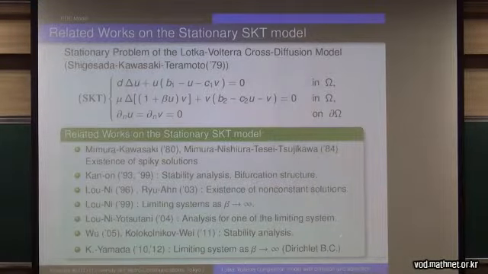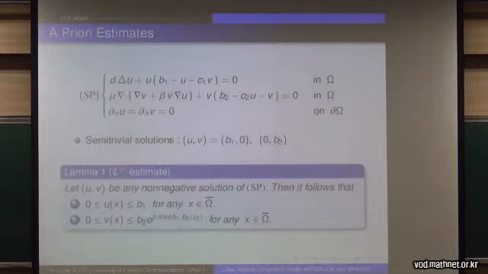Such are many results compared with results on such SKT models. As far as I know, there are not so many works which specialize on the same competition model with advection terms. Okay? This is the reason why we began to study such a system.